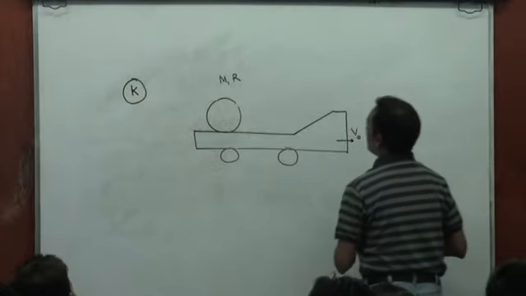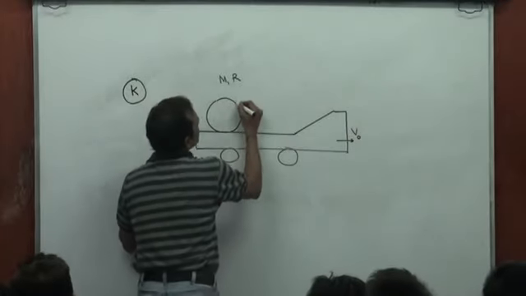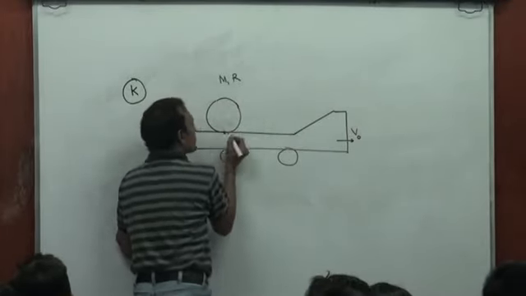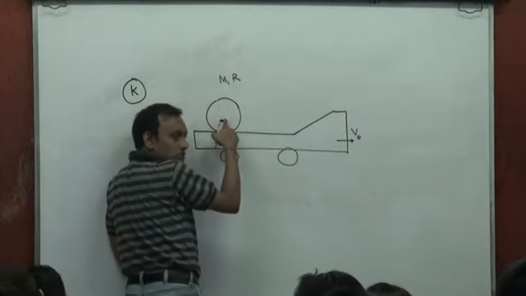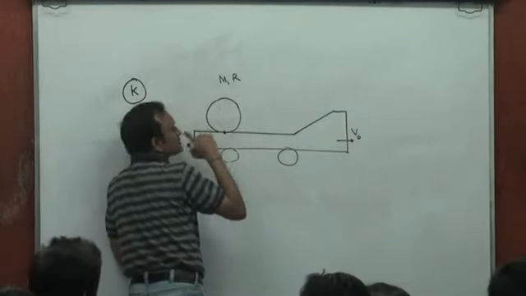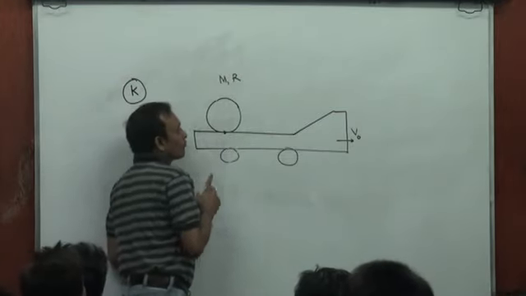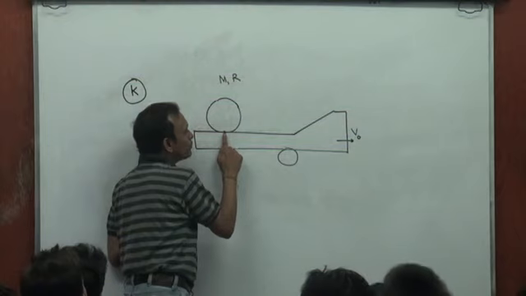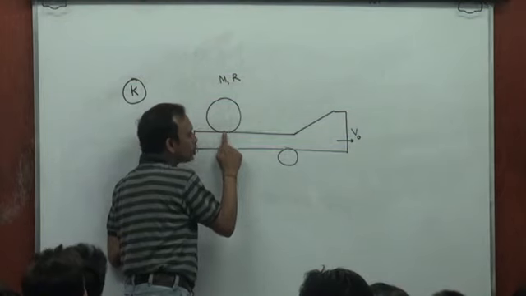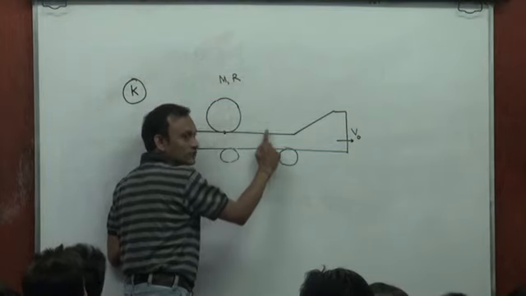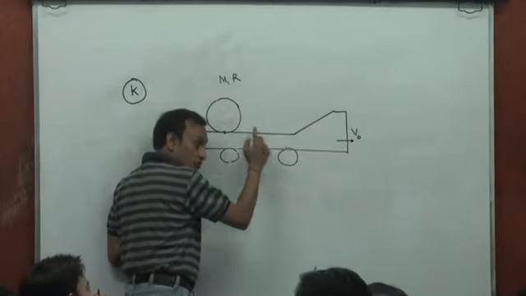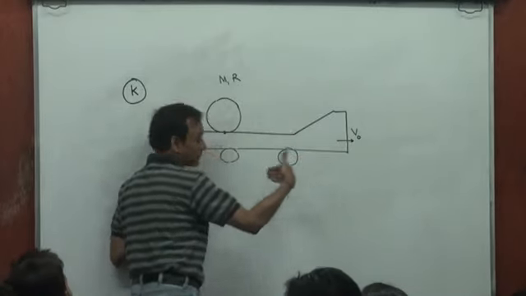Let's say, one of the things that you realize is that the frictional force acting on this would eventually have made the velocity of this point the same as that of the truck, at the instant of rolling.